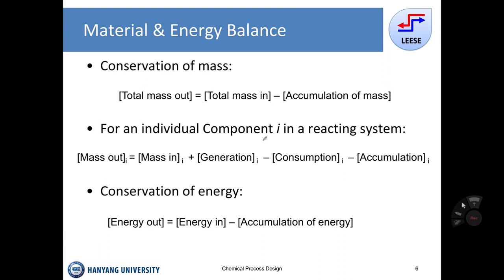For an individual component i, for example in the reactor, the mass out will be the summation of the mass in, plus generation, minus consumption, and minus accumulation. You will have seen a lot of examples for the conservation of energy: the overall energy used in the process is given by energy out equals energy in minus accumulation of energy.